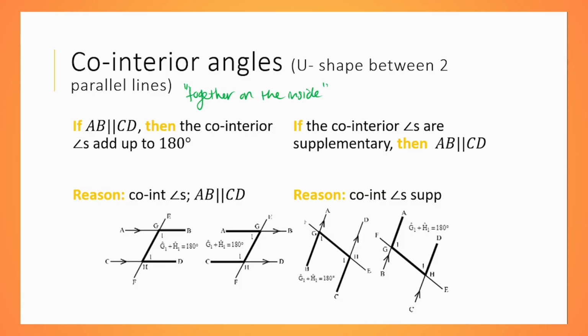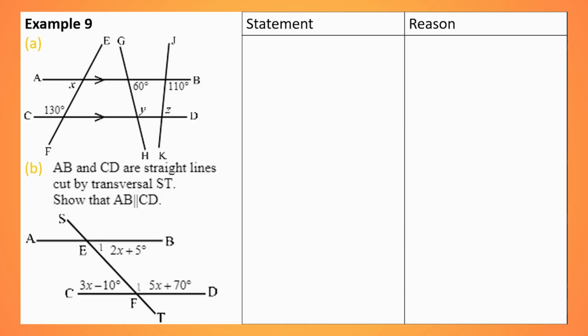So that's your reason. Again, we're going to look at an example where we are going to be using the properties, and then where we are going to use the converse, where we are going to prove, or show, parallel.